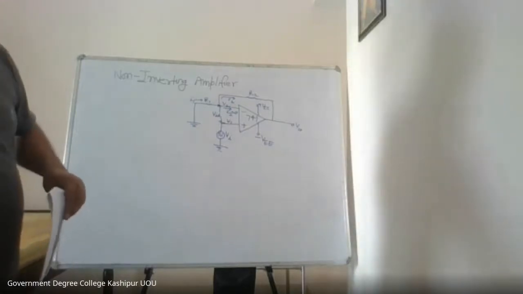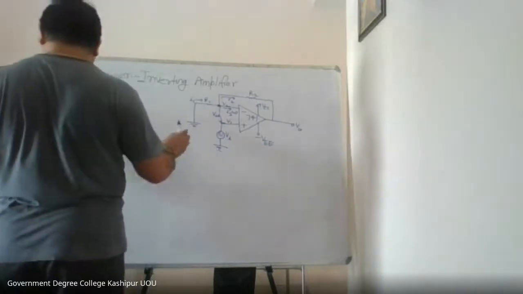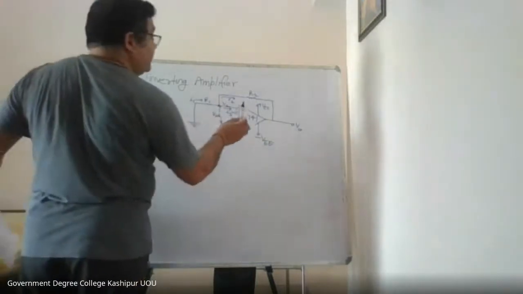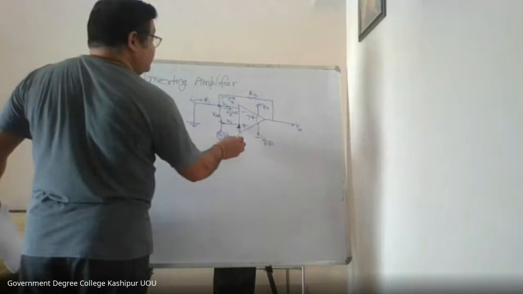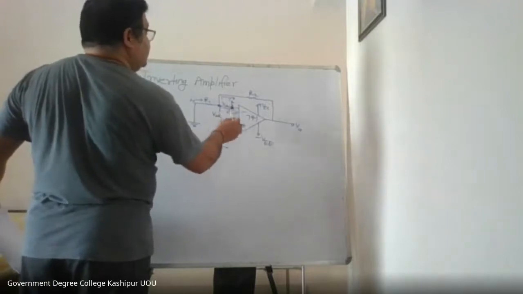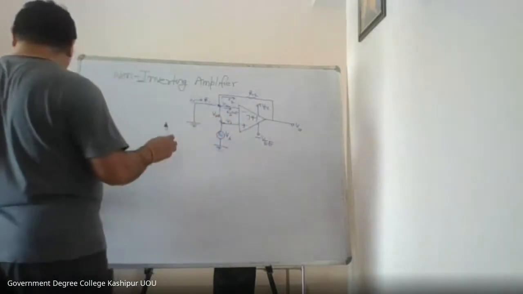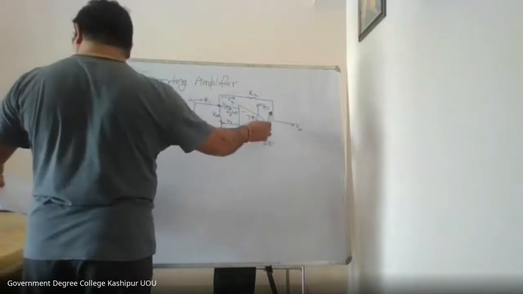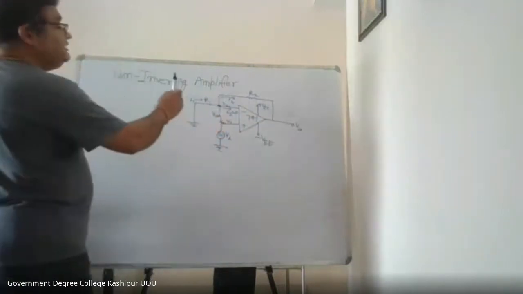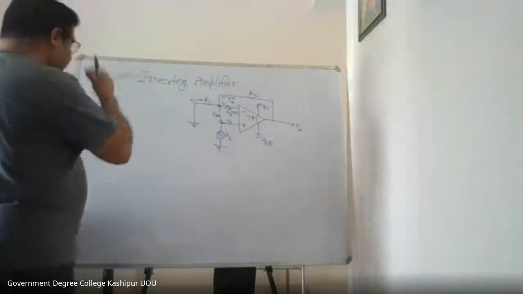Now it is obvious that in this amplifier, the input signal is applied at the non-inverting terminal, and the inverting terminal is grounded. The output of this operational amplifier will be in phase with the input signal.